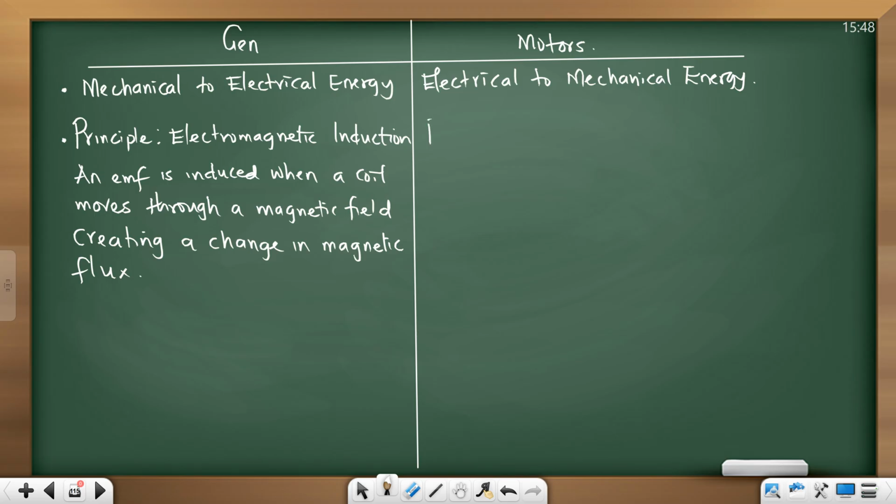The principle here is called the motor effect. And what will that be?